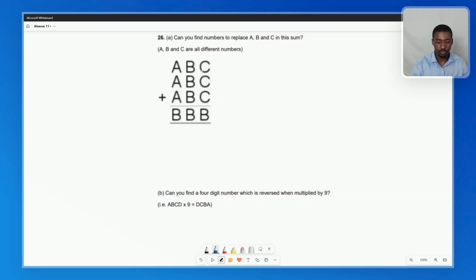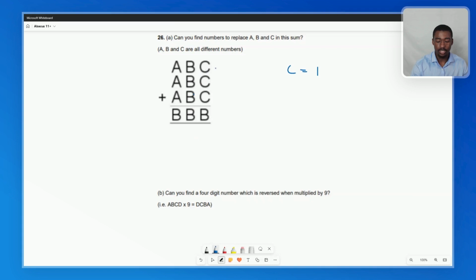So for example, let's say C was equal to 1. That would mean that 1 plus 1 plus 1 equals 3. So B would equal 3. But then if B equals 3, we have 3 plus 3 plus 3, which is 9, which doesn't work because B is meant to be 3.